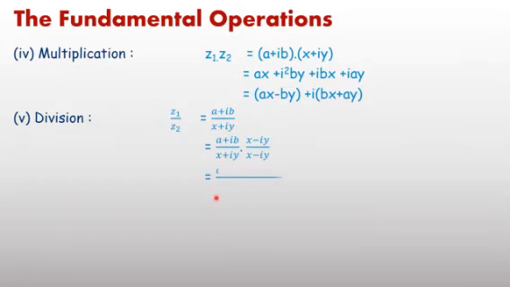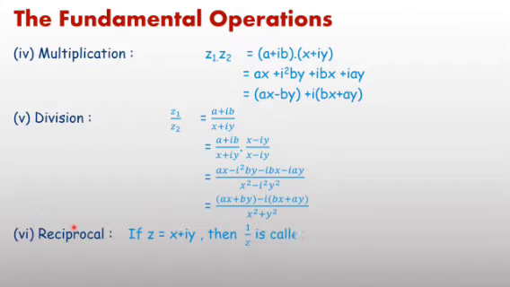Then in the numerator you will get, just open the bracket, ax minus i square by minus ibx minus iay, upon, here apply the identity a plus b into a minus b is a square minus b square, means x square minus i square y square. In the numerator, the value of i square is -1, means ax plus by minus i into bx plus ay, upon x square plus y square.